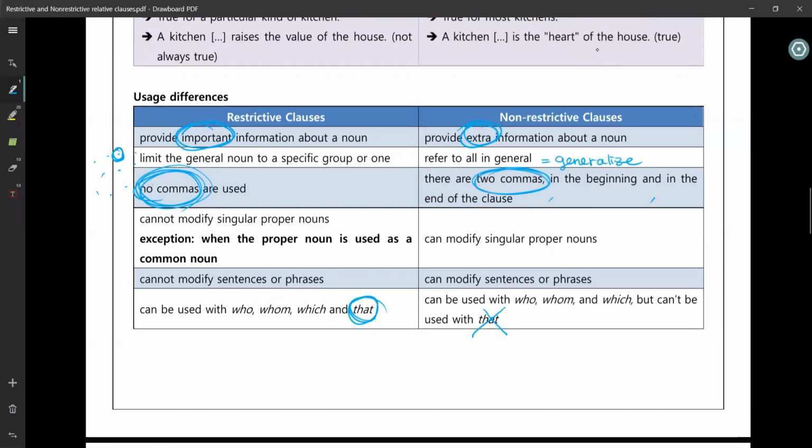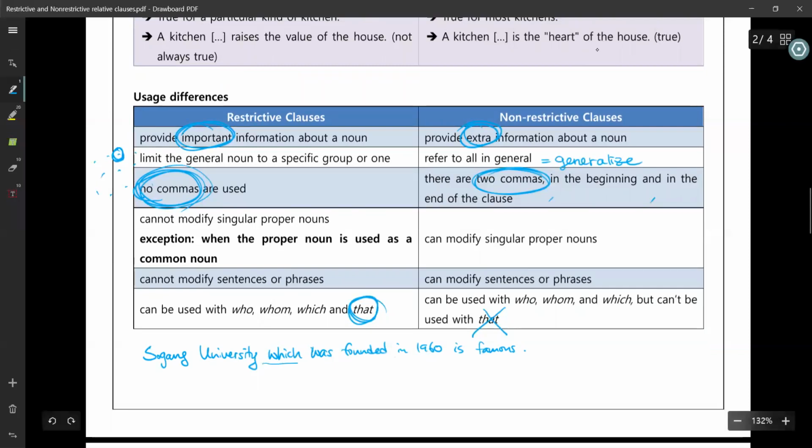For example, we can't say 서강 University which was founded in 1960 is famous. Let's say we just had this sentence. Now, in this case, we don't have a comma, so I'm saying, well, you know what?